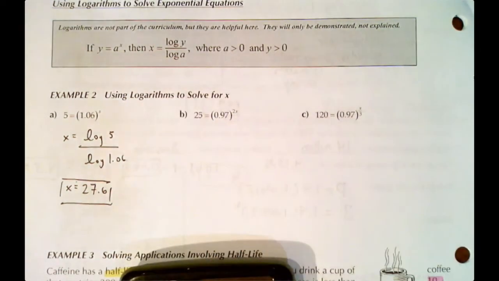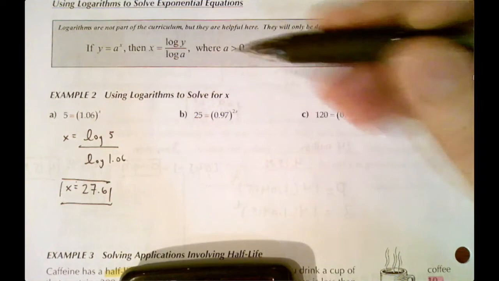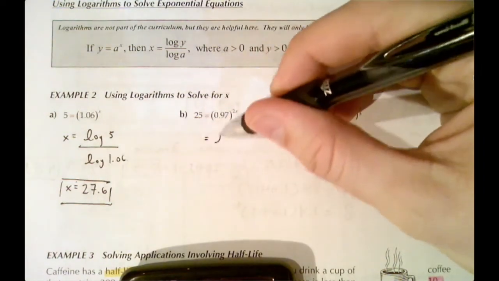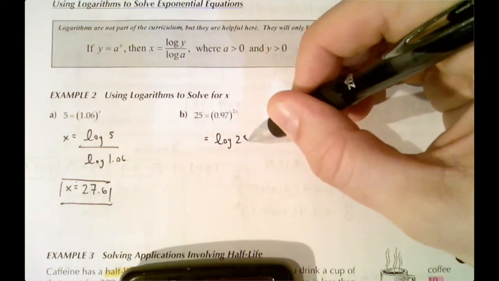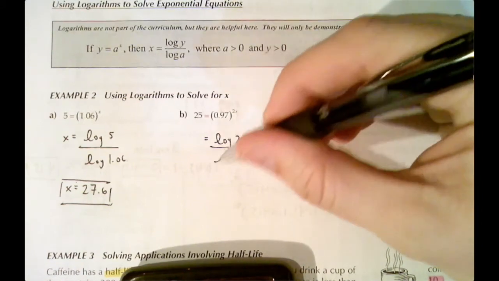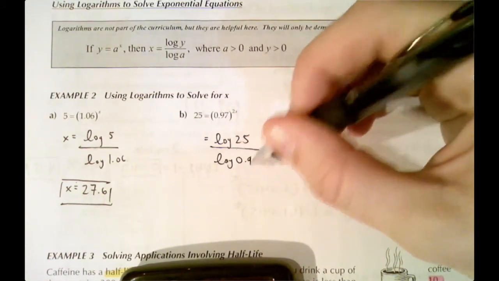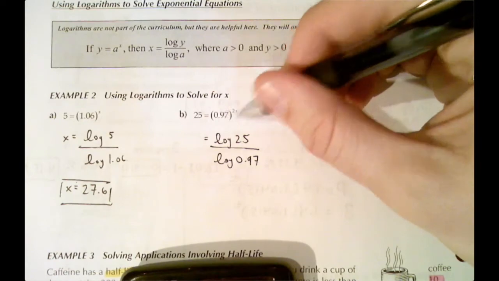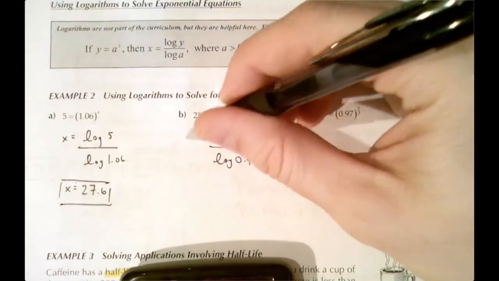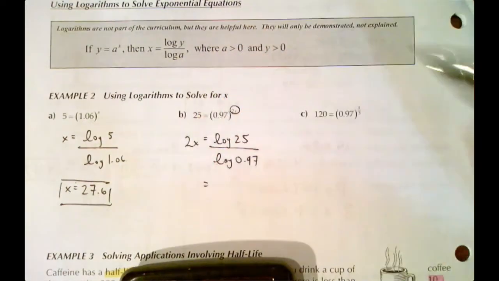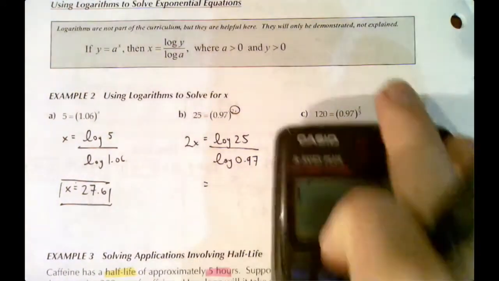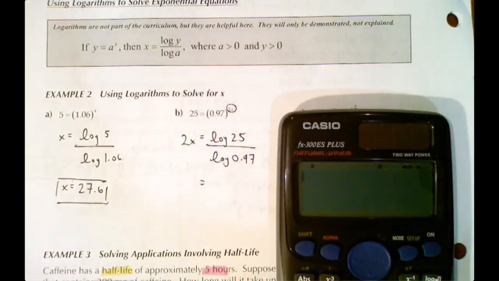Let's try this one. Now our exponent's not just x, but if we do log of 25 and divide it by log of 0.97, the base, we get the exponent. The exponent here is 2x. So we don't quite get x, we get 2x. Well, let's see.